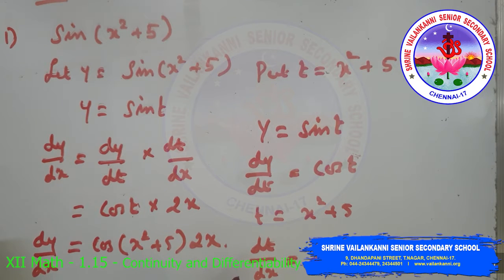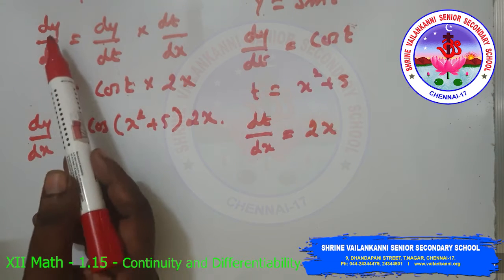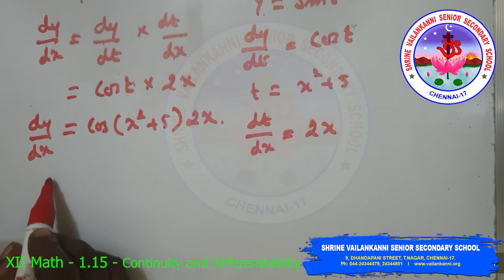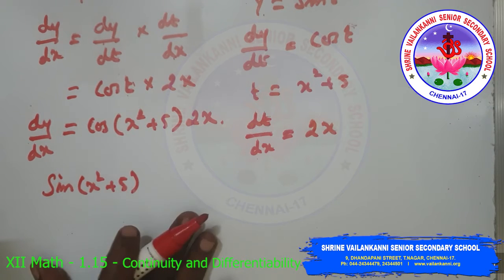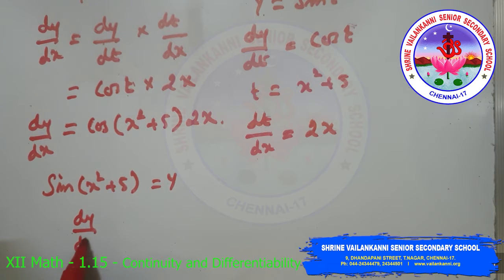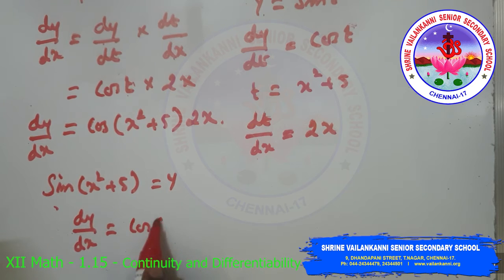So differentiation can be done using the chain rule. The chain rule is that dy by dx is equal to dy by dt into dt by dx. Another method of finding this for sine of x square plus 5: dy by dx is equal to, differentiating sine, we get cos of x square plus 5.